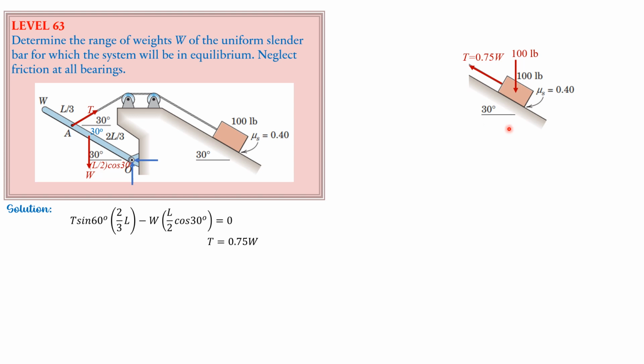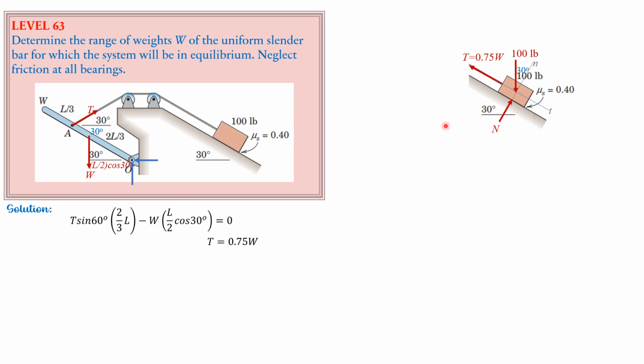And let's superimpose the normal and the tangential axis. The weight makes an angle of 30 degrees with the normal. And that's the normal reaction. Friction would be up or down because we have to determine the range of values of the weight W.